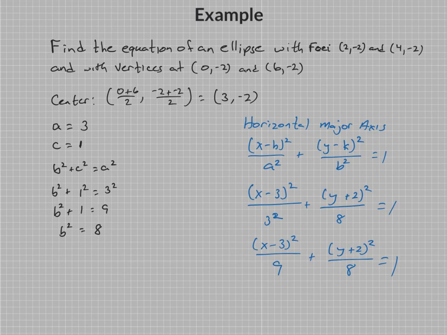They'll tell you the length of the major axis, which is equal to 2a, is equal to a value. So you cut that in half, and that's a. Or they'll tell you the length of the minor axis is a number. Well, the length of the minor axis is 2b, so you can divide that length in half and find b.